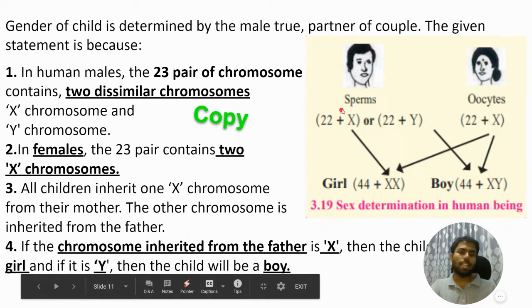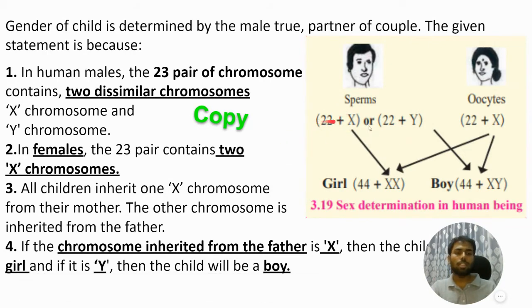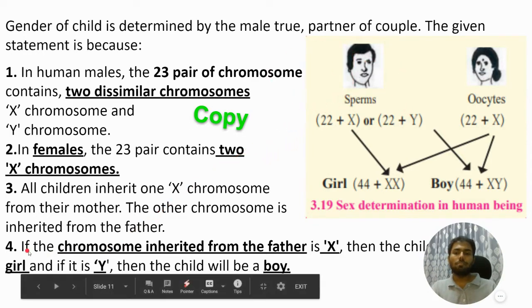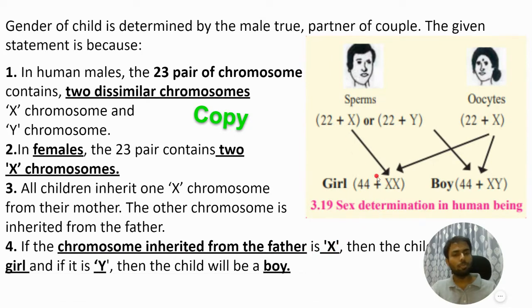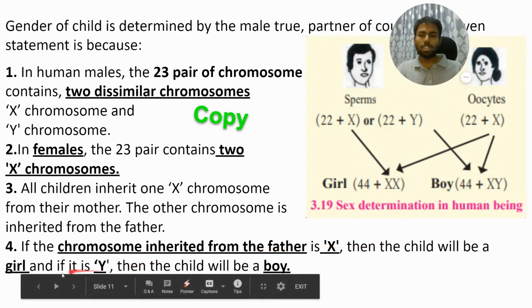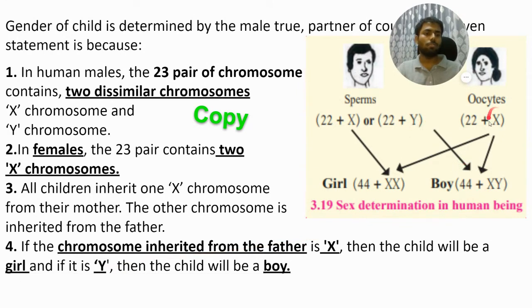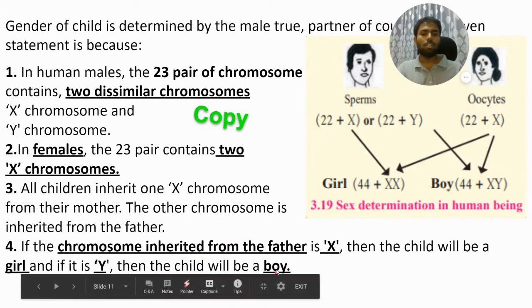The father has an X chromosome and a Y chromosome. It depends on which gamete is formed, which chromosome takes part in fertilization. It depends on the father. If the chromosome inherited from the father is X, then one X has already come from the mother and the second X from the father, then it's a girl child. And if the chromosome inherited from the father is Y, and from the mother it is X, then one Y and one X means a boy.